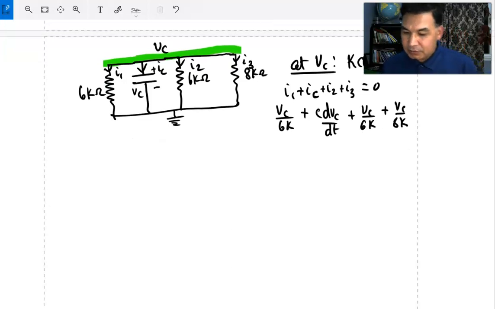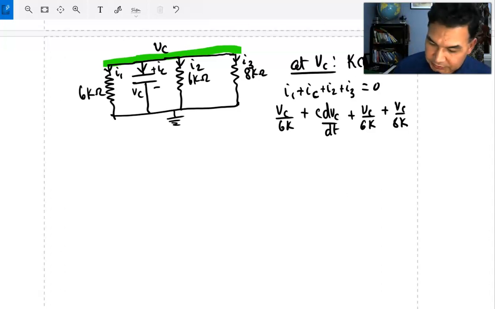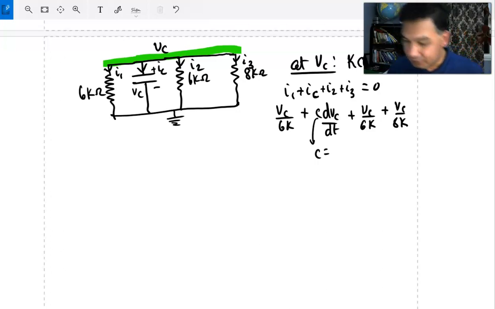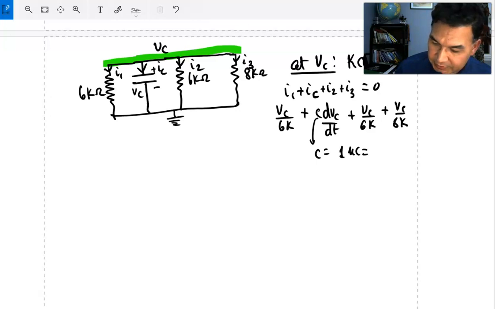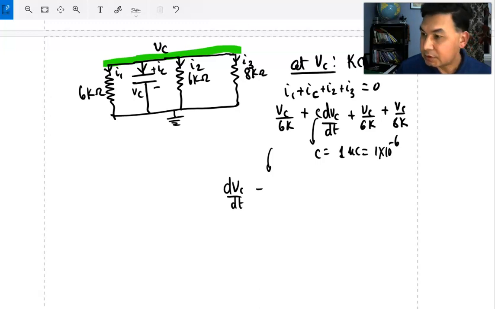Now you simplify everything, where the capacitance C is 1 microfarad, right? So change everything and simplify, and you will end up with this: dVC over dt plus 458 VC is equal to 0.